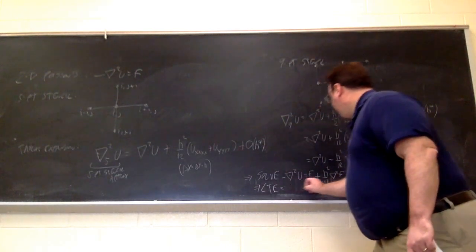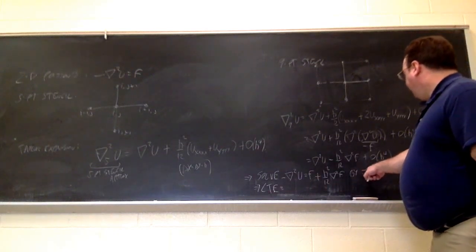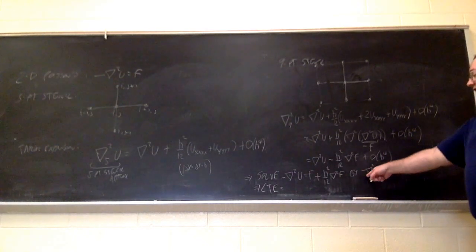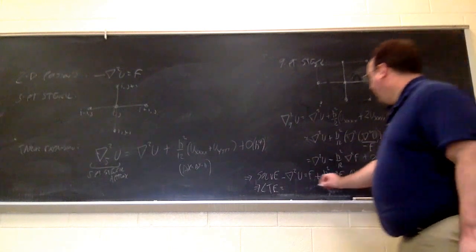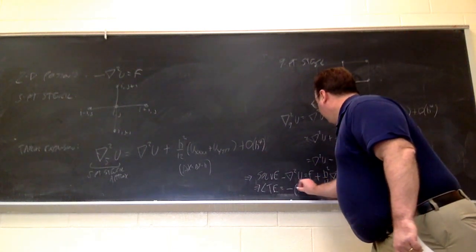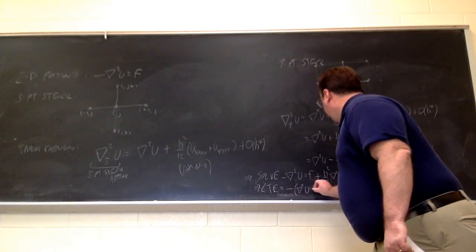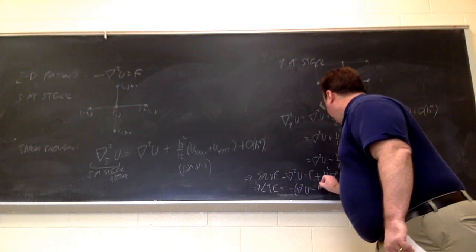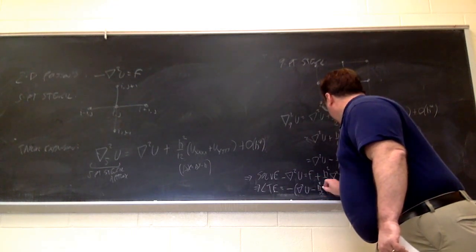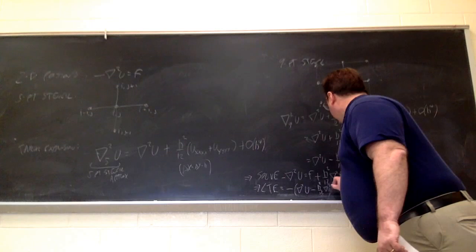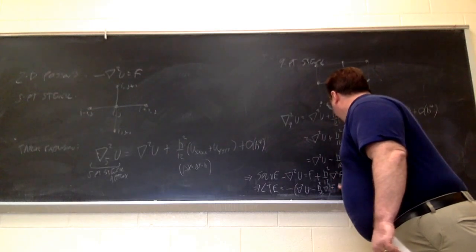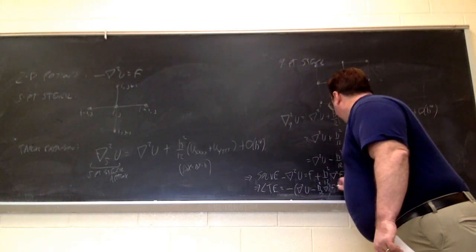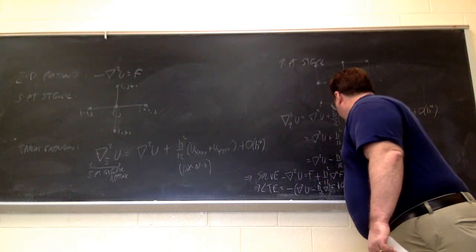And now, since I know what this is, the local truncation error is the Taylor expansion of the 9-point Laplacian, which is up here. So minus Laplacian squared of u minus h squared over 12 Laplacian squared of f plus order h to the fourth.